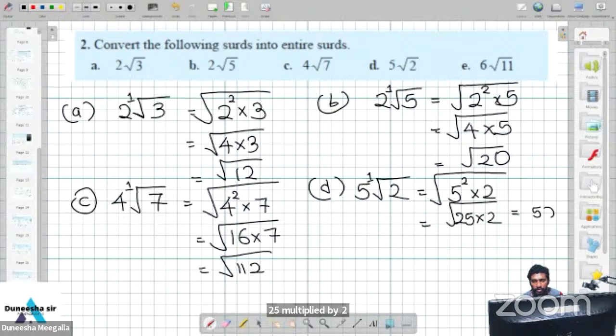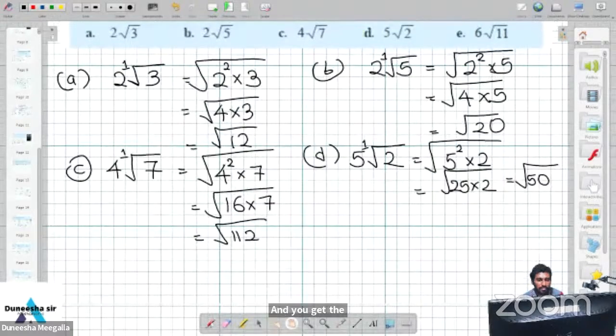It's root 50. Can you get the answer for E? Is it 396? Yes, 396 තමයි එන්නේ.